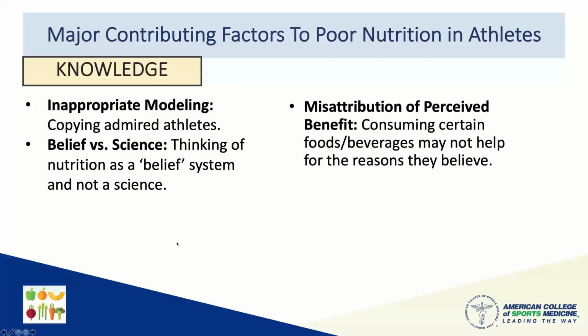Misattribution of perceived benefit, where people think consuming certain foods and beverages helps them, but it may not help for the reasons they believe. Here's an example. There are studies which have found that a lot of supplements which target athletes contain banned substances which are not listed on the label.